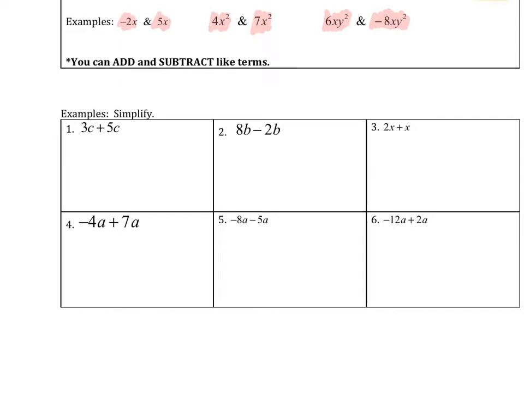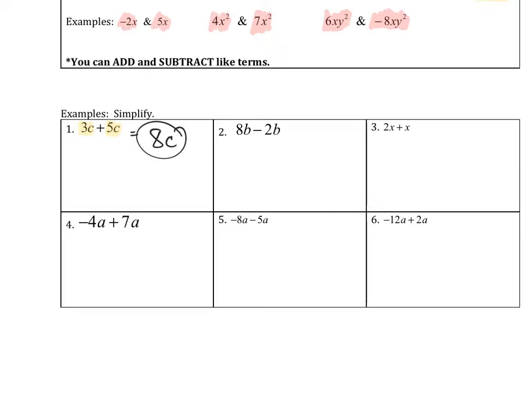3c plus 5c. Notice that those are in fact like terms because they both contain the letter c. They both have the same variable raised to the same power. So we're just going to simplify this. 5 plus 3 is 8, so our final answer is 8c. And we carry along the variable.